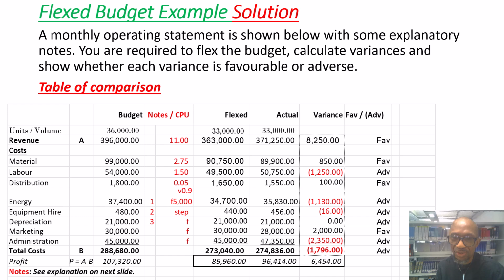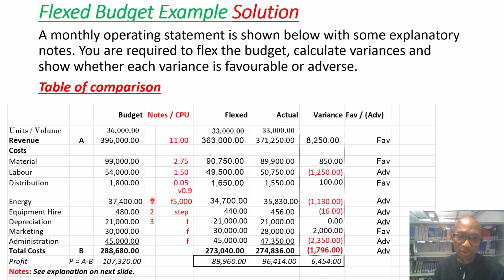Here is the solution to this exercise. As you can see, I've added more columns for explanatory purposes. In the second column, I have shown revenue to be A and total cost to be B. So the profit P equals A minus B. That's the bottom line here. I've added another column, the fourth and fifth column.